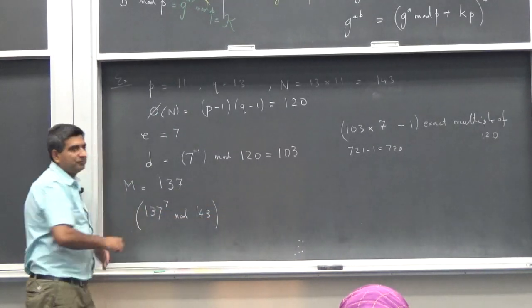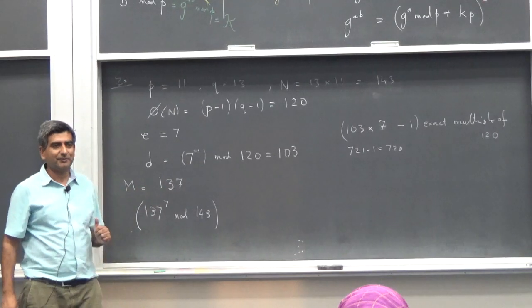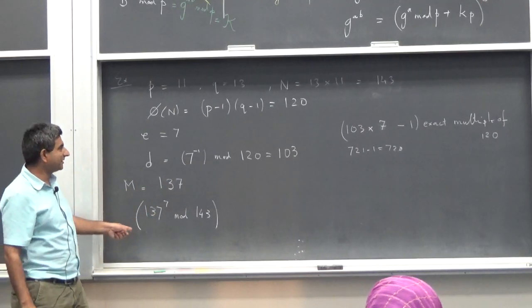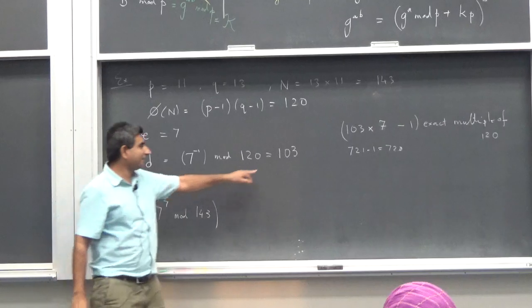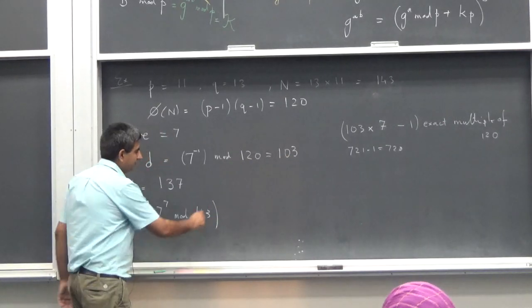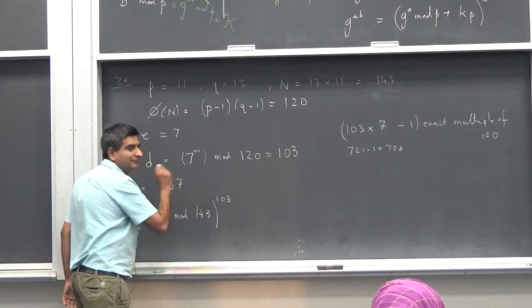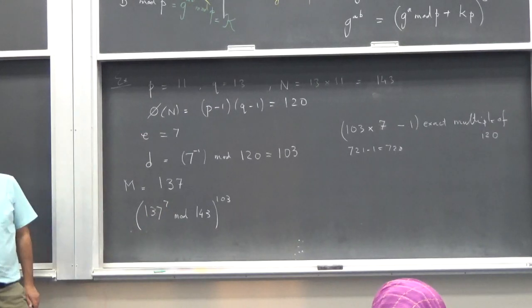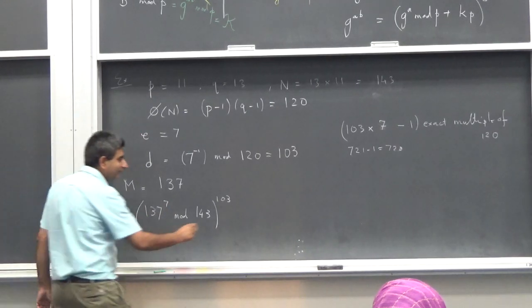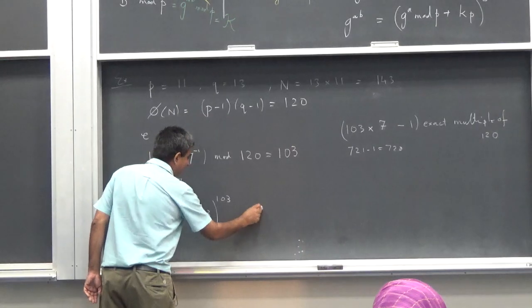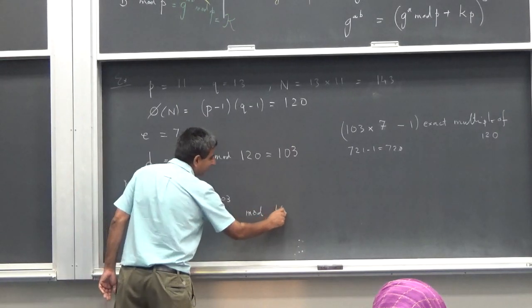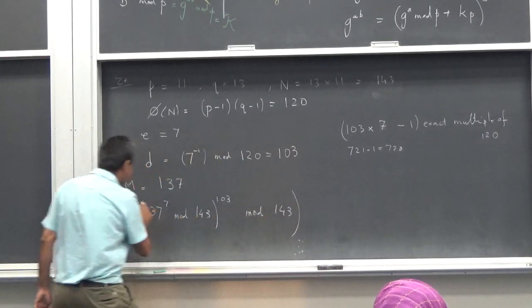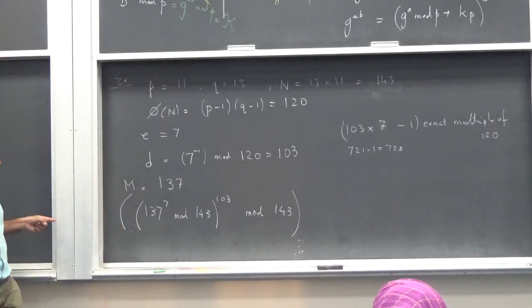Finally it goes back to Bob. Bob exponentiates this with respect to his 103. Takes the mod with respect to n, which is 143. So all of this is done, and there's a computation.